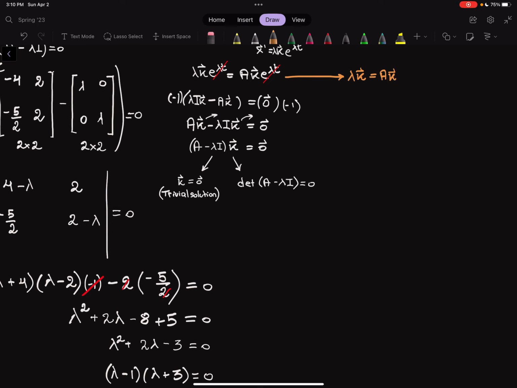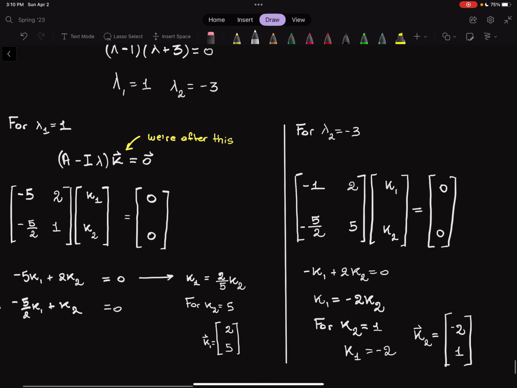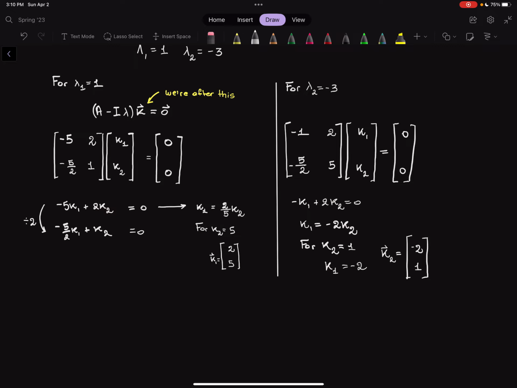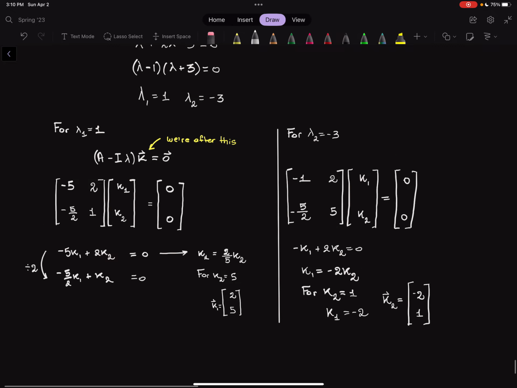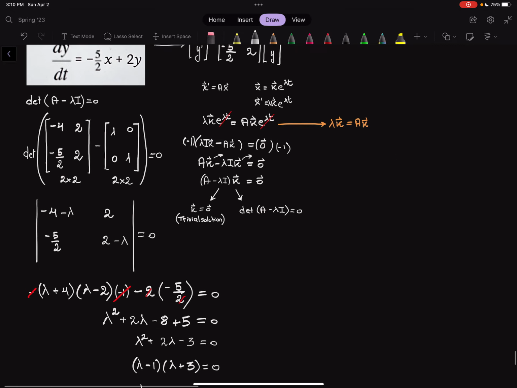If I multiply a matrix by a vector, I want to get just a scalar of that vector, which means that vector does not get knocked off of its span during that particular transformation. And these are the vectors that don't get knocked off their spans during the transformation A, which is this matrix right here.